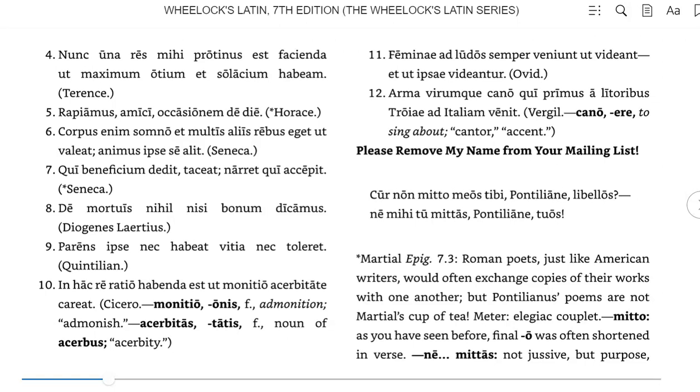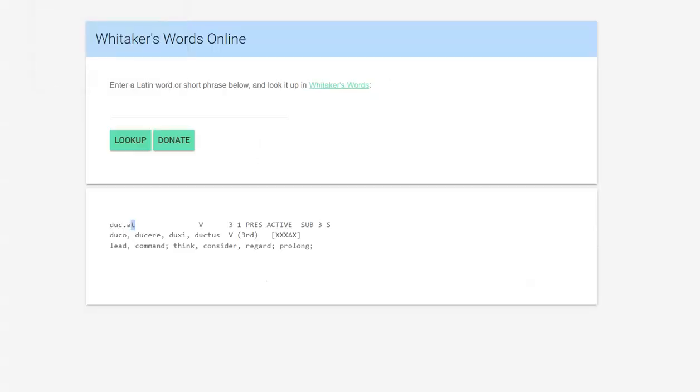So if I go back to Whitaker's Words, I just look it up here, but let me actually do a couple things here. So rapio, if I just put in the present tense, notice that it is 3rd conjugation. How do we know that? Because E is the key vowel.